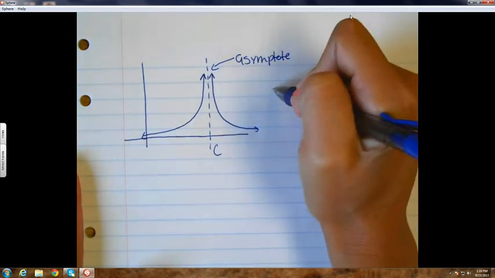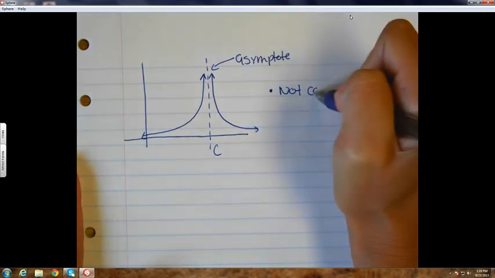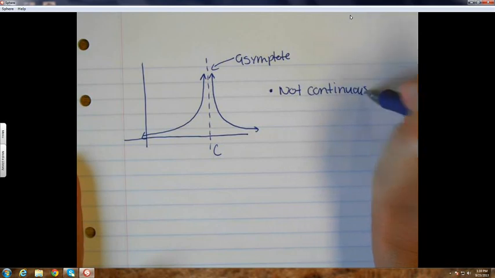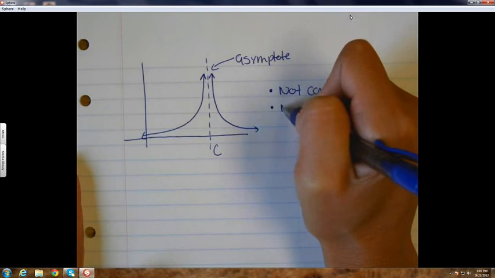Is this graph continuous? Absolutely not. An asymptote is never removable. Only the hole in the graph is.